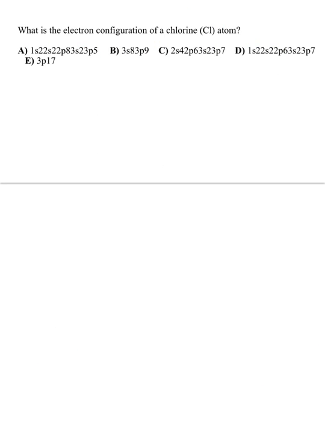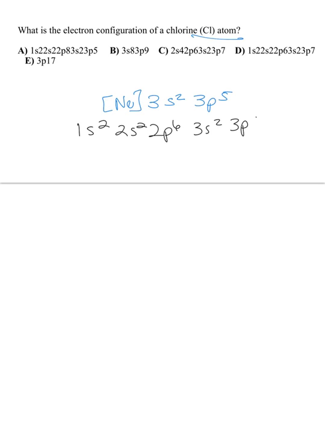What is the electron configuration of a chlorine atom? Chlorine shorthand would be: you find chlorine, you go to the noble gas before it, and that's neon, and then you go to the third row, and it's 3s2, 3p5. If you do that longhand with all the electrons, 1s2, 2s2, 2p6, 3s2, 3p5. You need to check it to make sure.